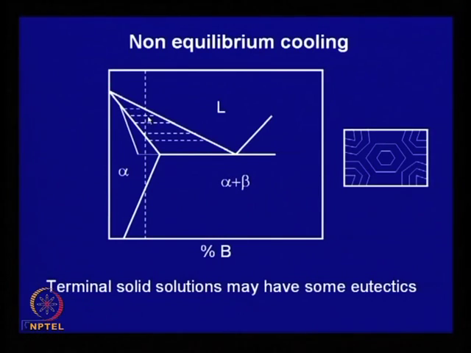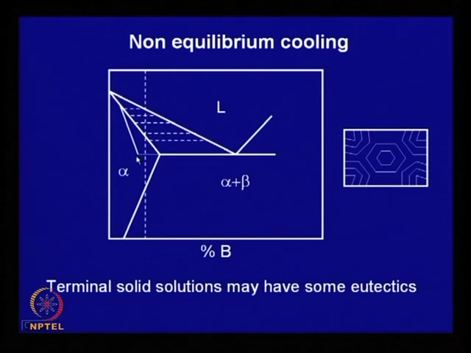At the next temperature, the solid precipitating out will have this composition. New layers of alpha will follow this composition, whereas the older ones will not get enough time to change their composition. So, effectively the average composition of the solid will follow a solidus line different from this, and this is a departure from equilibrium.